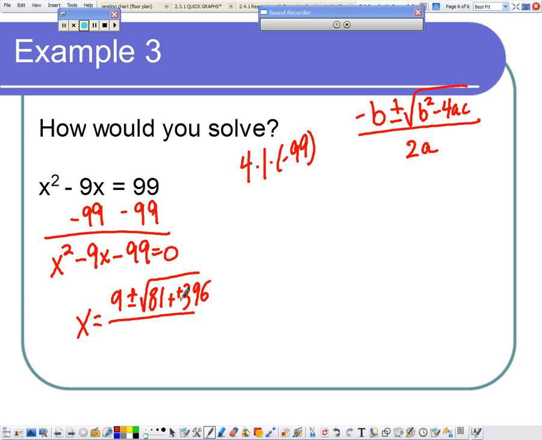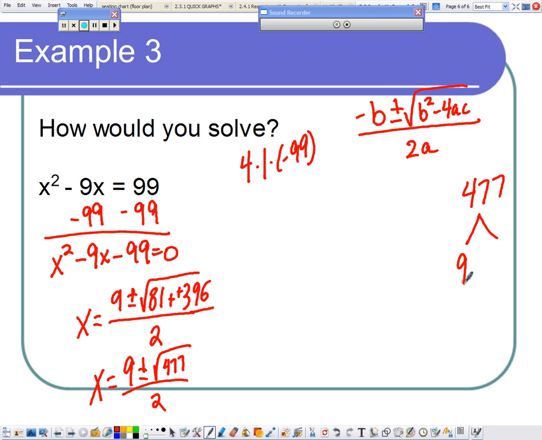Minus a negative turns to plus, and 2 times 1 gives us 2. Okay, so then we get x equals 9 plus or minus the square root of 81 plus 396, which gives us 477, all over 2. And when we simplify 477, we find out that it's 9 times 53.